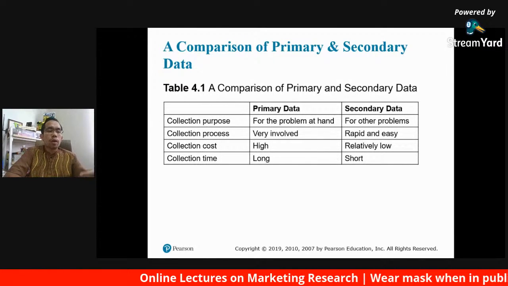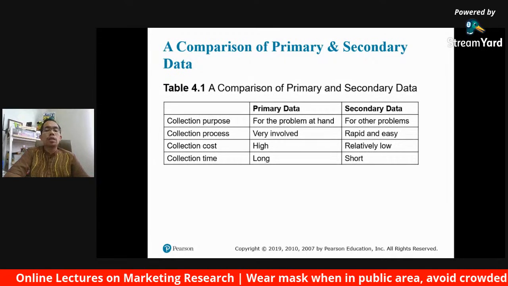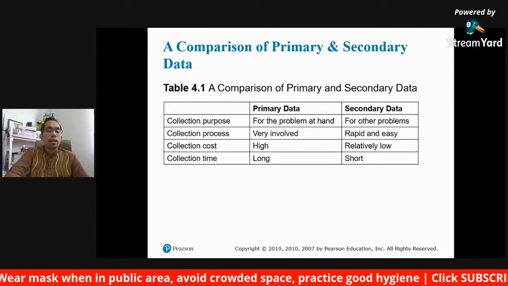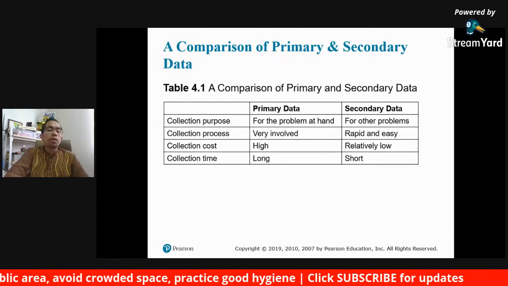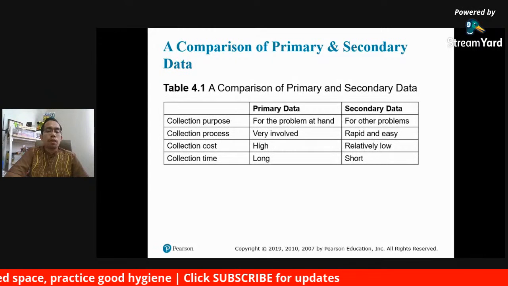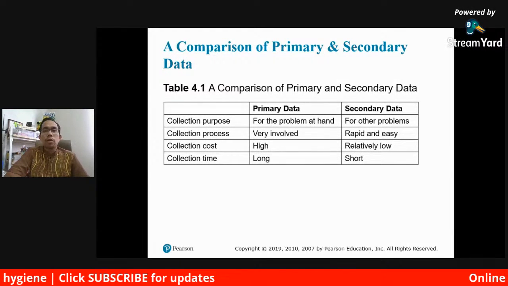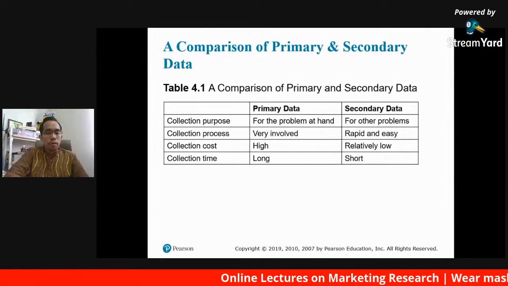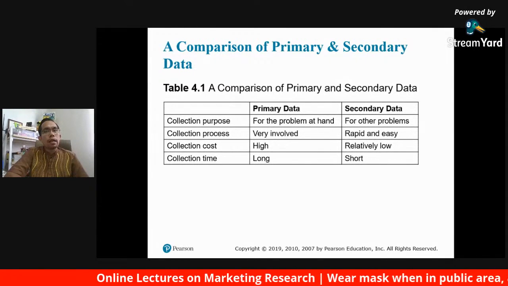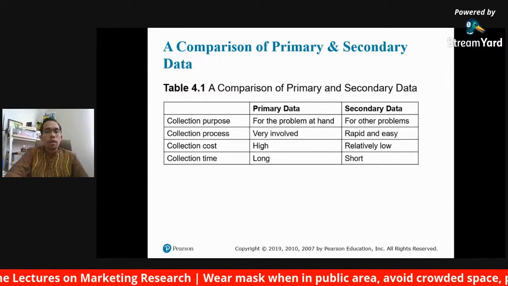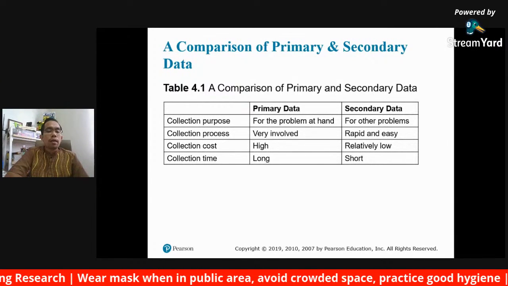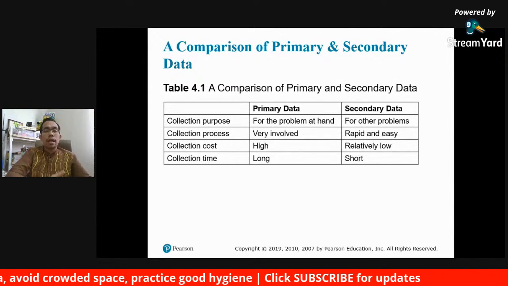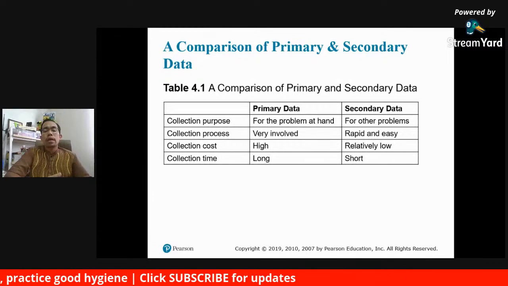So we distribute surveys, questionnaires, whatever, to obtain the data that relates directly to our problem. But secondary data was collected by other people for other problems. It might be the same, but not 100% the same, because if we have done the process, then it is our data.